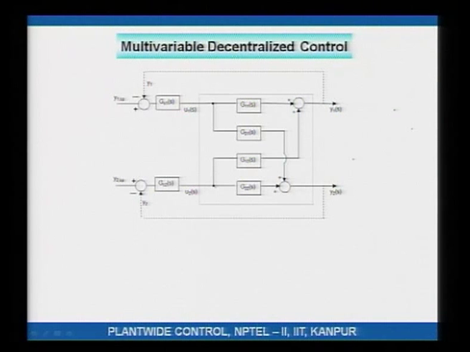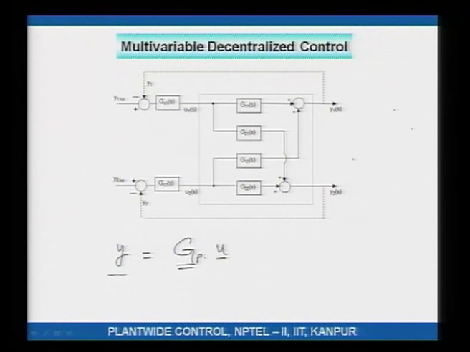What we then have is actually called a decentralized control system, and to understand this a little better, let me just say that what we have is y is equal to GP matrix times U, U being the input vector.